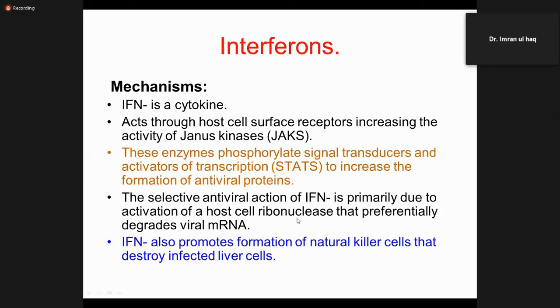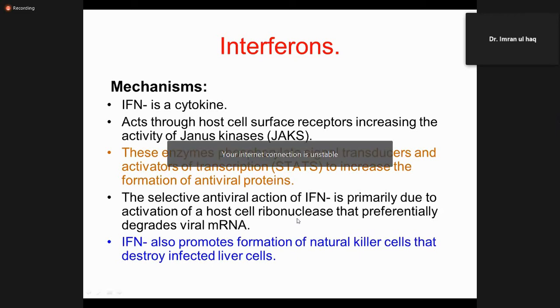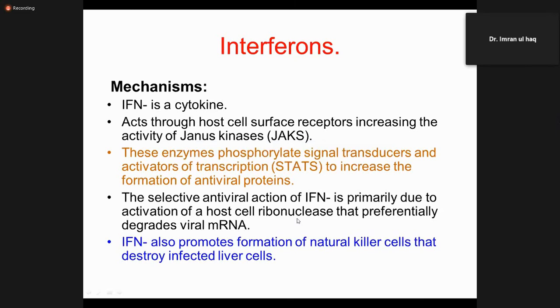So, okay, interferon mechanism of action. This is one of the important groups. Interferon basically is a cytokine, right? And it acts through host cell surface receptors, increasing the activity of Janus kinases. So this is one of the enzyme families.